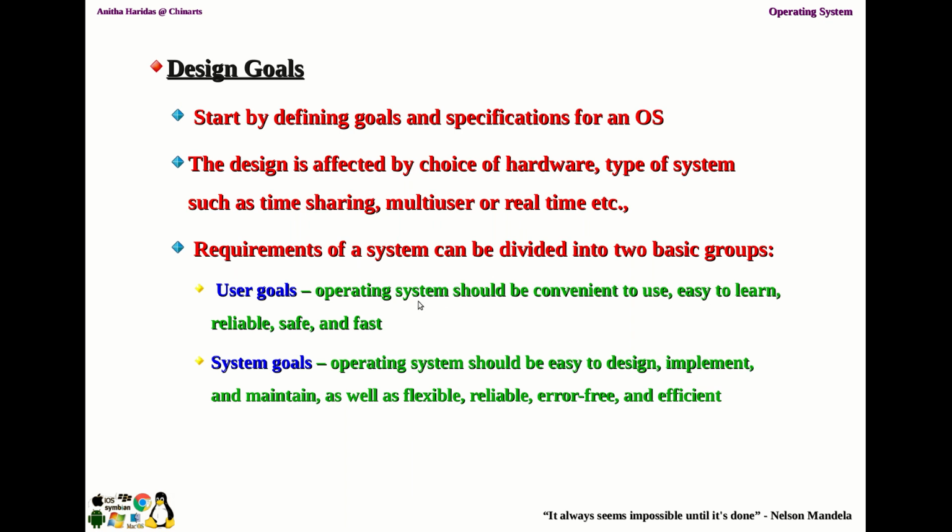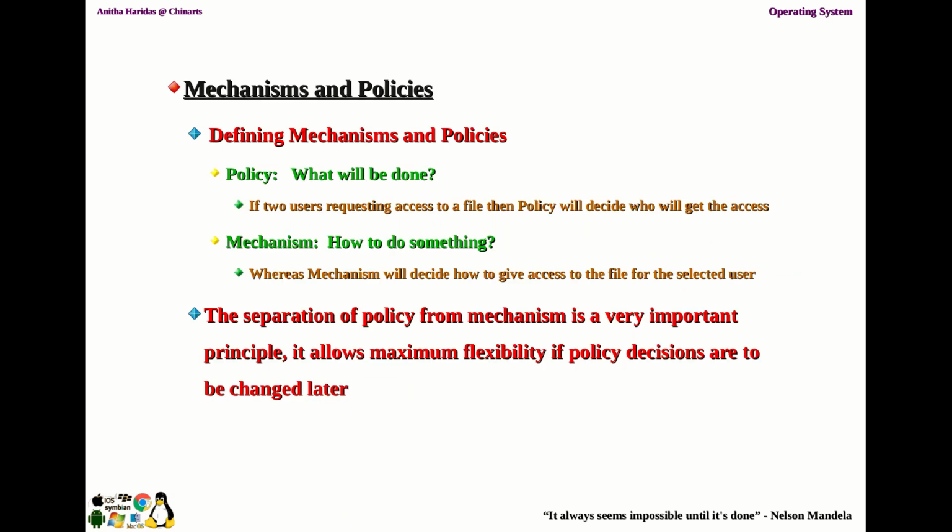These are some of the design goals. Whereas system goals: the operating system should be easy to design, implement and maintain, and it should be flexible, reliable, error free, and very efficient. So these are some of the system goals you are going to have for the operating system.